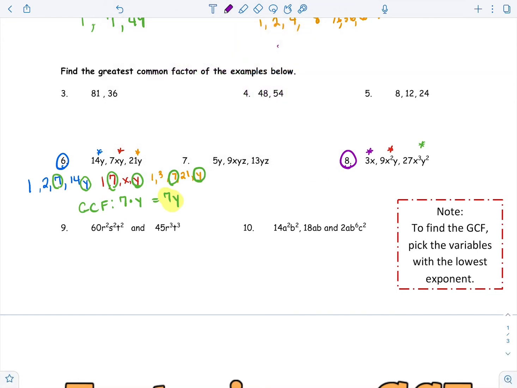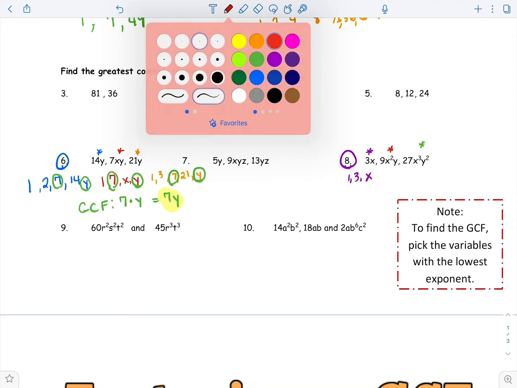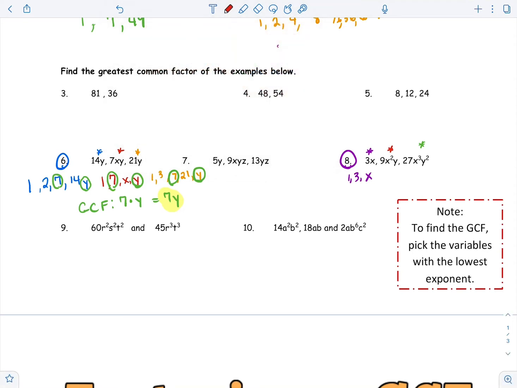Let's start by factoring 3x. That's 1, 3x, right? Those are the factors. With 9x squared y, we have 1, 9, 3. 3 times 3, we don't have to write twice. X squared, we know, is x times x.